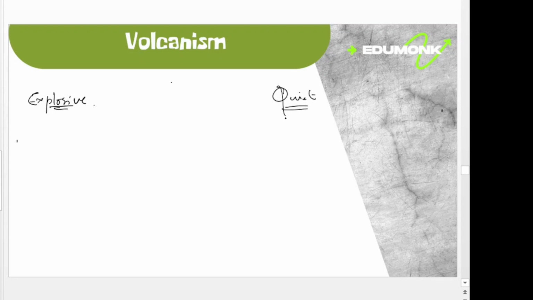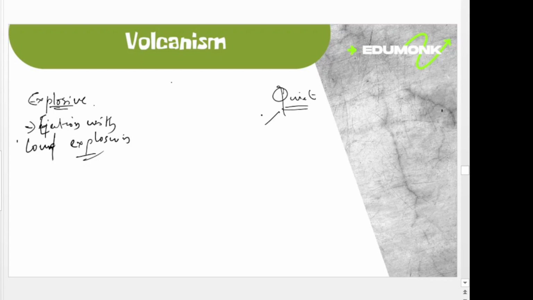Explosive volcanoes are the volcanoes which eject explosive materials with a loud sound, ejection with a loud explosion. That's known as explosive volcanoes.